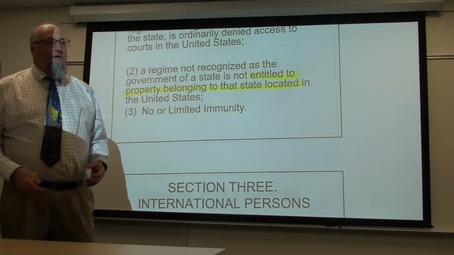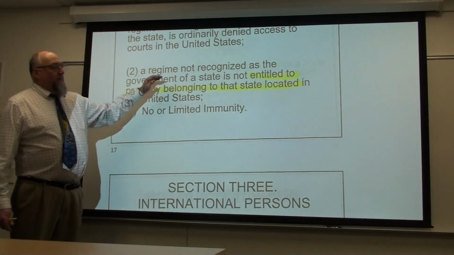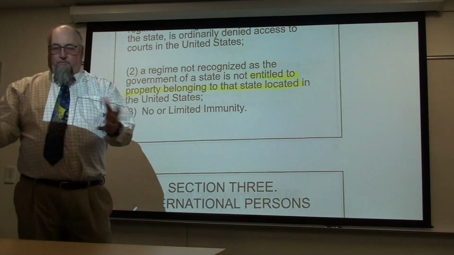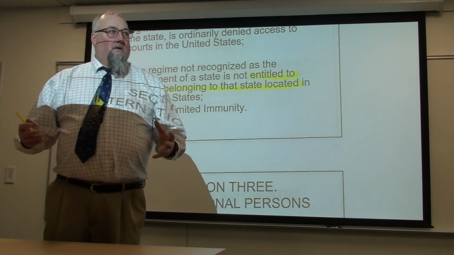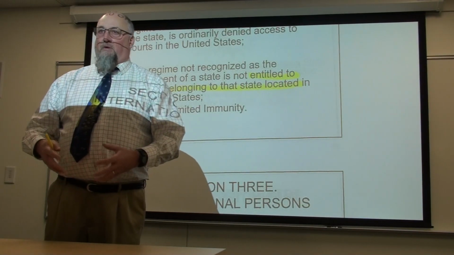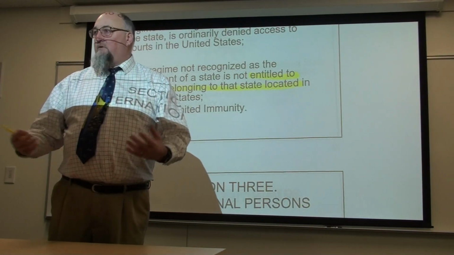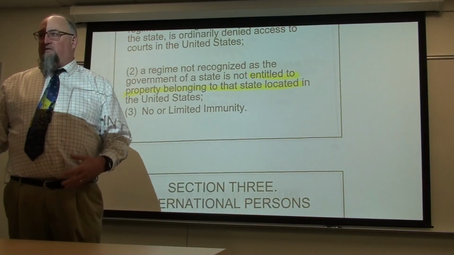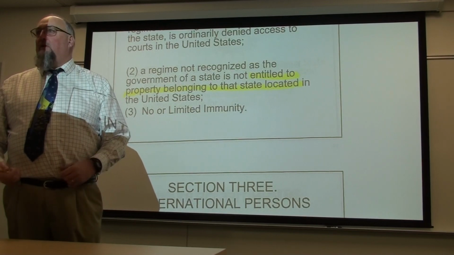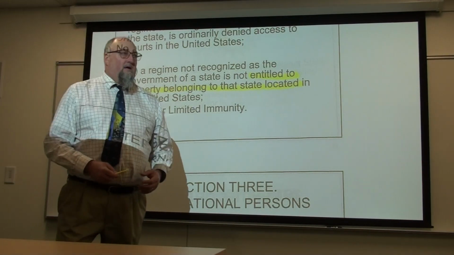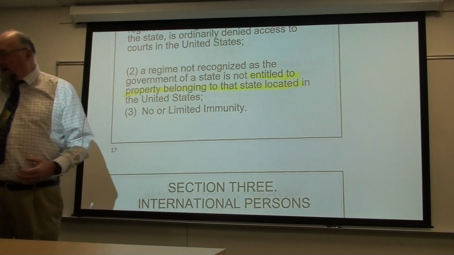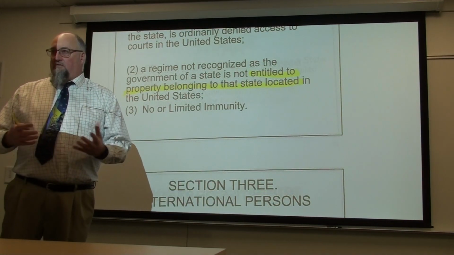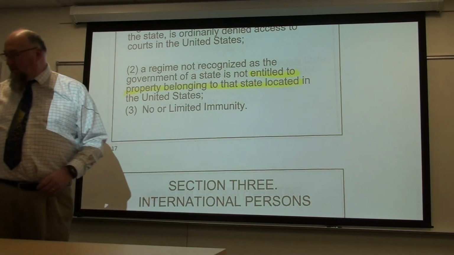Which clearly we do now. The country of Czechoslovakia, let's say, before it broke up, had property in the U.S., so maybe an embassy, aircraft, bank accounts in New York, stock brokerage and other types of accounts. They may have gold deposits on reserve, those kinds of things. And so if you're not recognized as now being a state, you cannot claim those assets because you're not the recognized state. That's what this paragraph means.